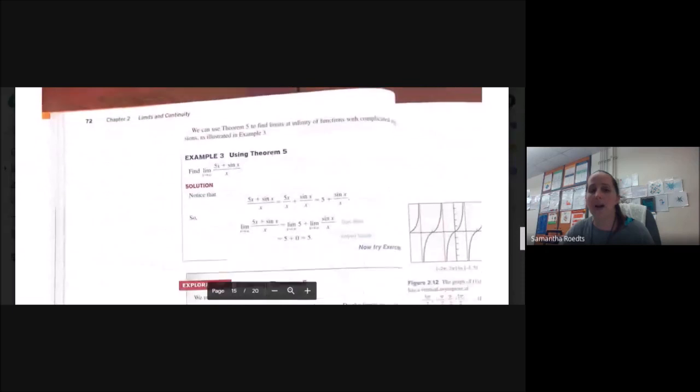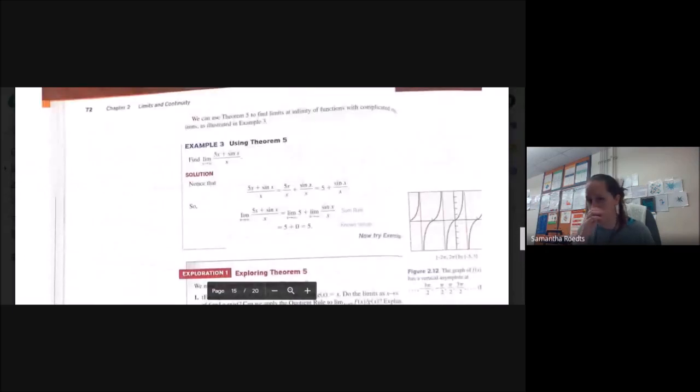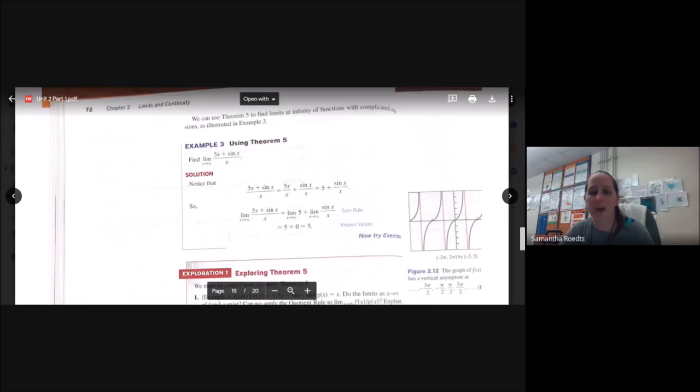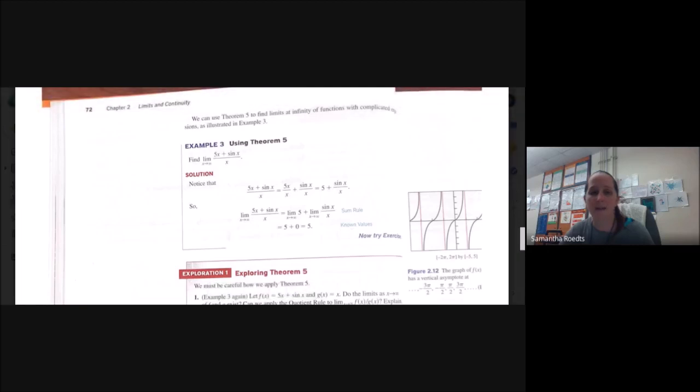So we can use theorem 5 to find limits of functions with complicated expressions. Looking at example 3, using theorem 5, I can find the limit of 5x plus sine x over x as x approaches infinity.